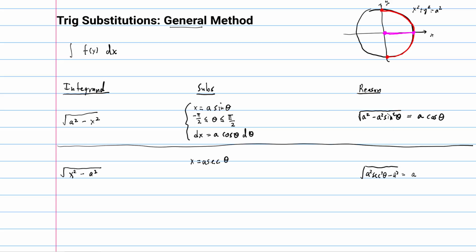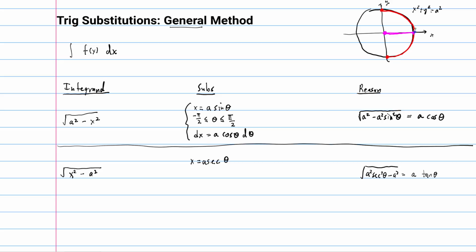And then secant squared minus 1 is tangent squared. So we're going to want to make sure that whatever we choose, we get tangent theta back. And so we've chosen our secant theta, right? So we need to think about, how do you get secant theta? Well, secant theta is 1 over cosine. So if we were to choose the right-hand side like we have up here, we actually wouldn't get all the possible values of x. We would only get positive x values back, right?